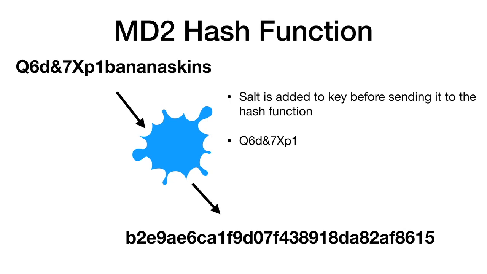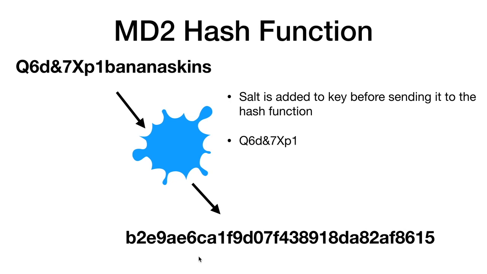But also, if banana skins is in the hacker's dictionary of words and they're trying a brute force dictionary attack, well that's not going to get a hit for this, because the salt here has completely changed the output of the hash function.